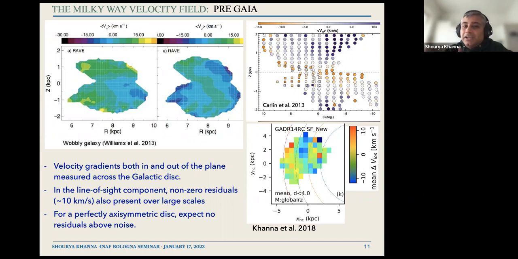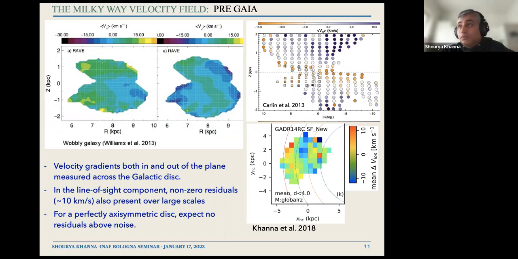Certainly inside, at the OLR, we do, because we also see other features with the UV velocity, for instance the Hercules stream, which has been related to the bar already. But because of the scale length of the spiral arms, one would expect those to dominate more in the outer disk.